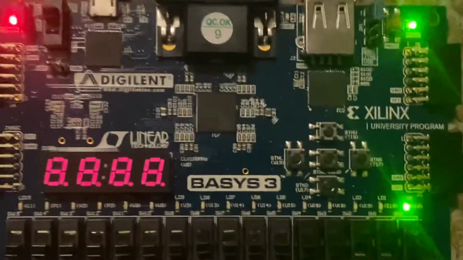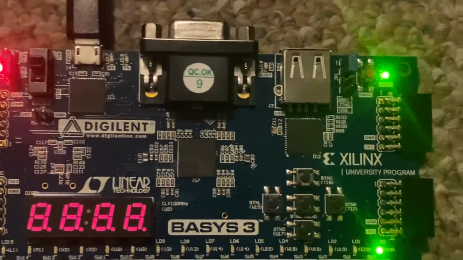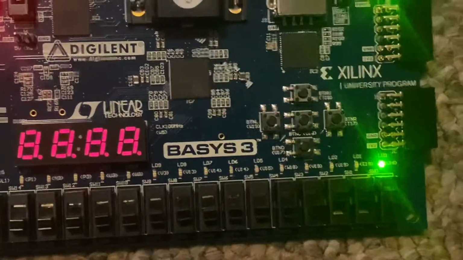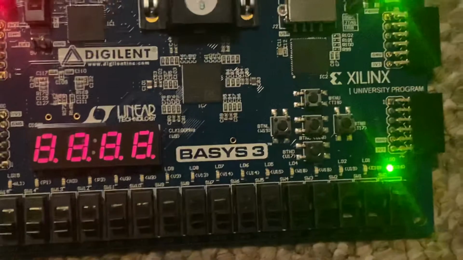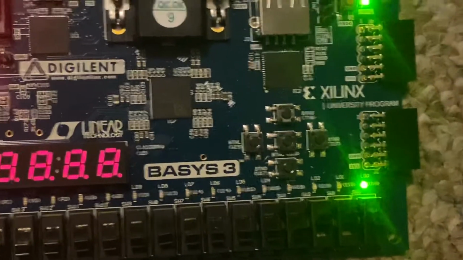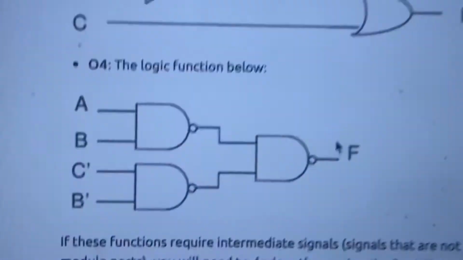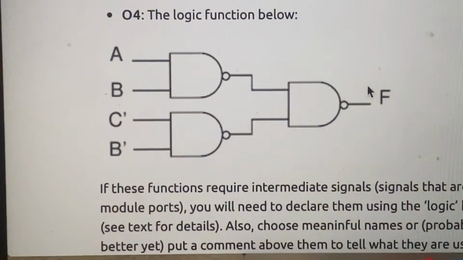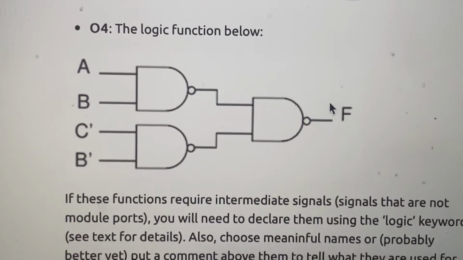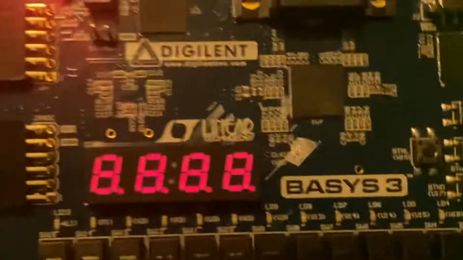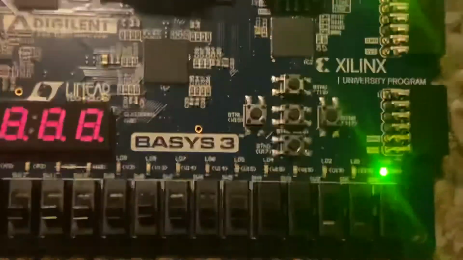It looks like only output 4 is true, because in this case, A and B are true, but C naught and B naught are not true, so it's sort of inverted. If we look over here at the logic function, it makes it so that we don't get two trues on the third AND gate there, and it would make the F equal to 1 or true. So that's why the light is on.